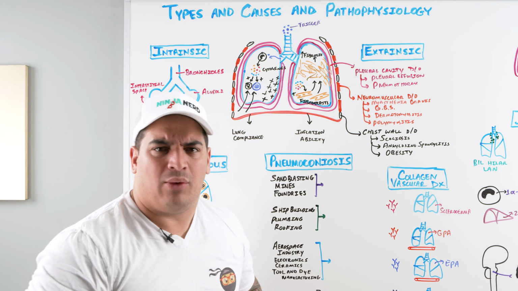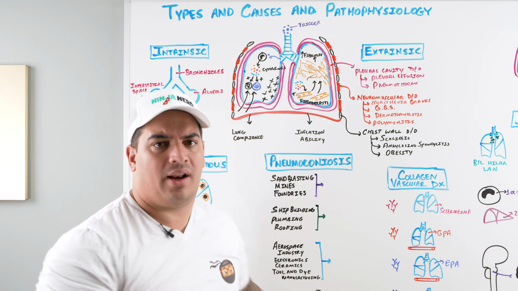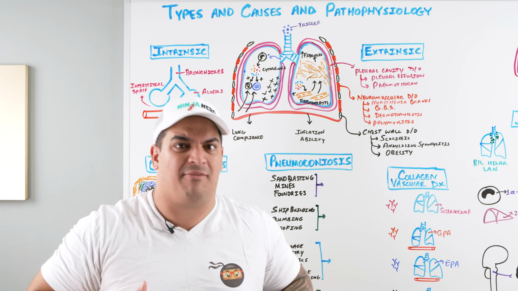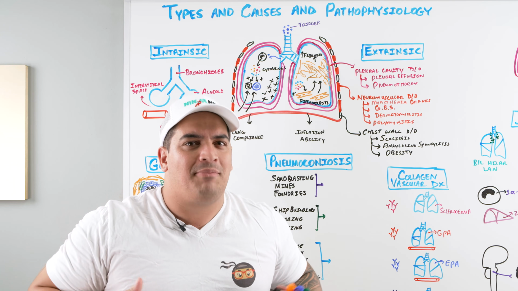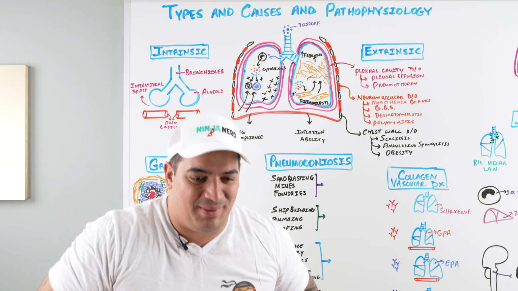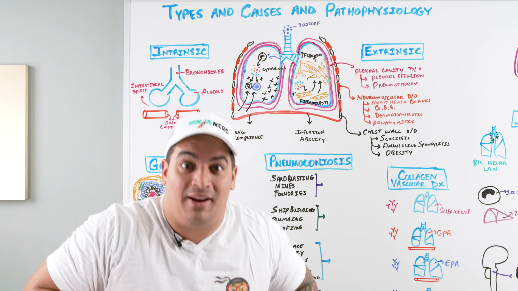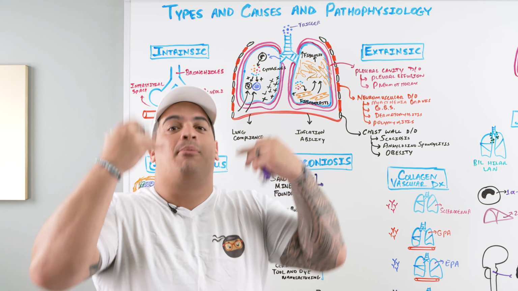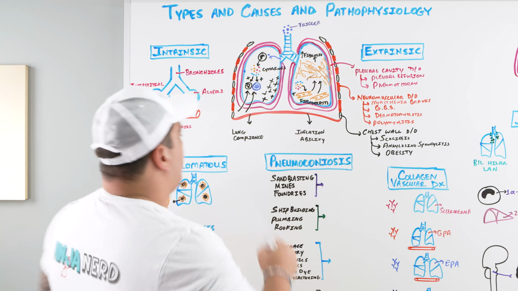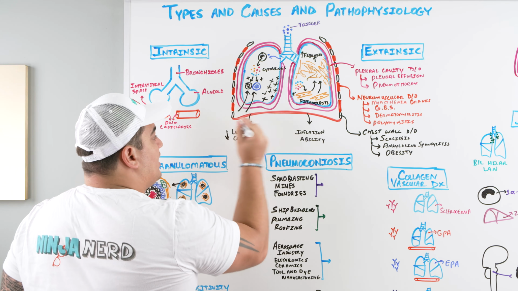Why is that problematic? Well, imagine you have these super fibrotic lungs that don't have much give. That's a problem because the lungs are supposed to be easy to stretch and be compliant when you take a breath in. But if they're very fibrotic, the lung compliance drops significantly.